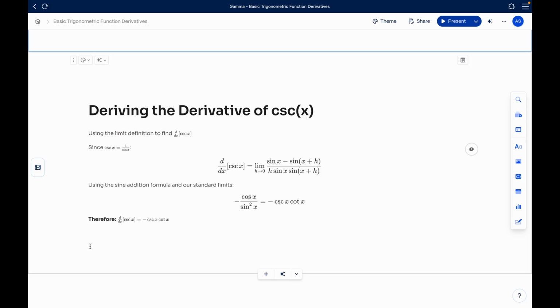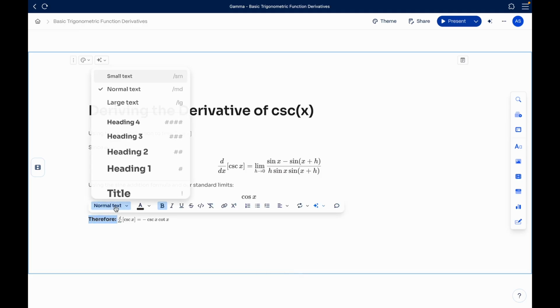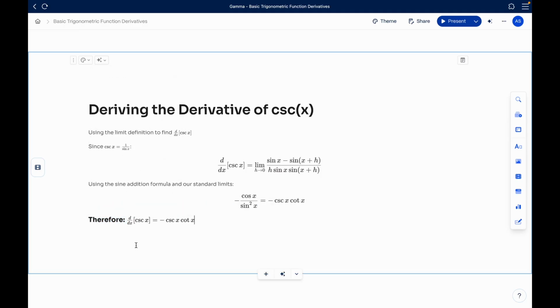Then, using the sine addition formula and our standard limits, which are the ones we covered all the way above, we get negative cosine x over sine squared x. That means it's negative cosecant x cotangent of x. Therefore, the derivative of cosecant of x is equal to negative cosecant of x cotangent of x.